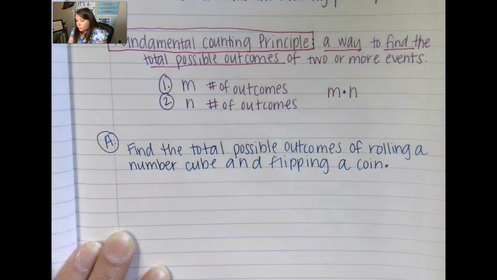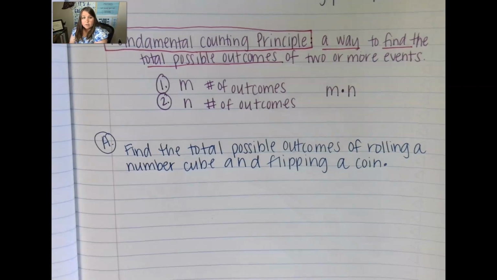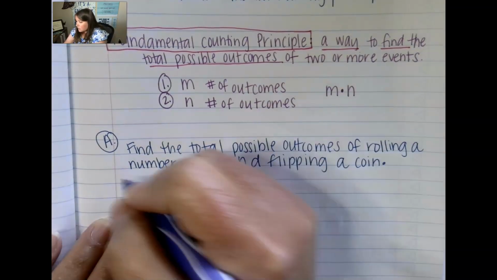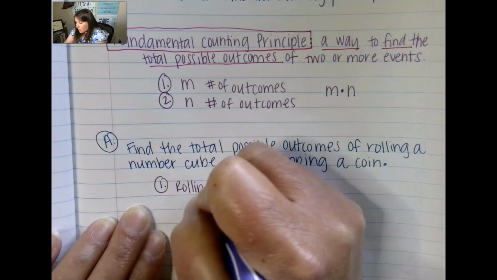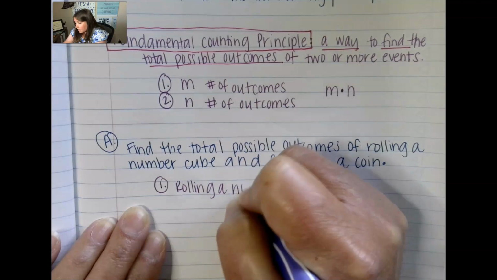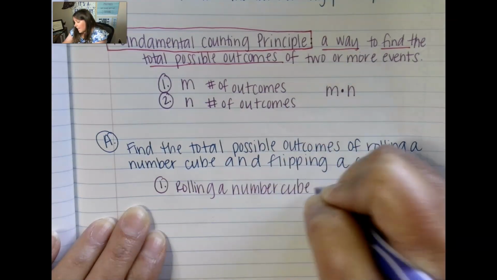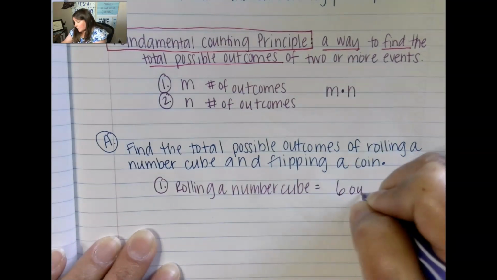All right, so first of all, our job is to figure out the first part of the experiment. The first part of the experiment is rolling a number cube, right? You could get 6 outcomes.